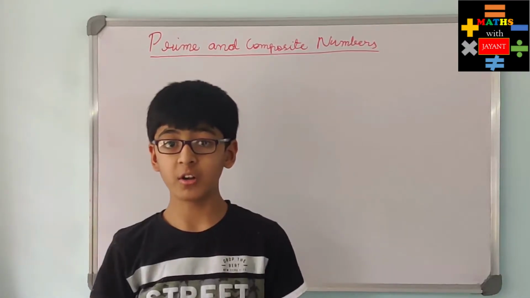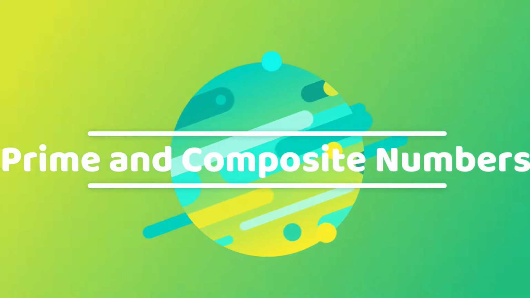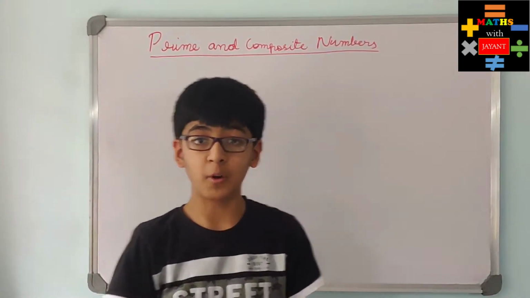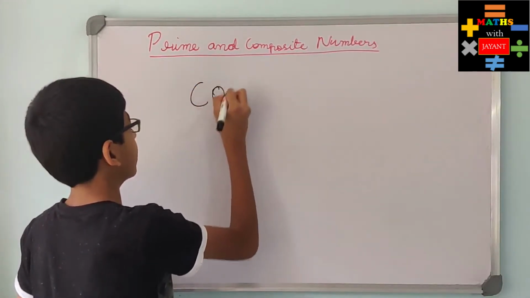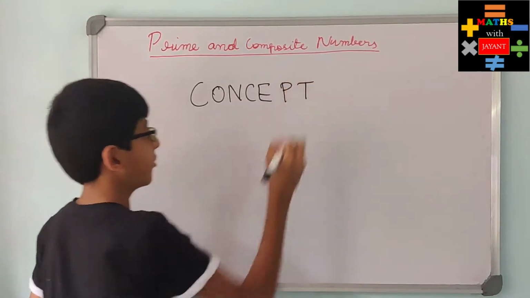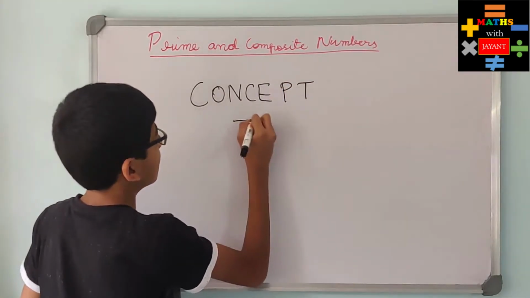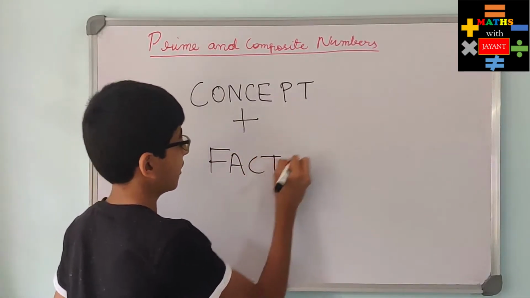Today we are going to learn about prime and composite numbers. What are we going to learn in prime and composite numbers? First of all, in this video you are going to get the basic concept of prime and composite numbers. Then you are also going to know facts about prime and composite numbers.